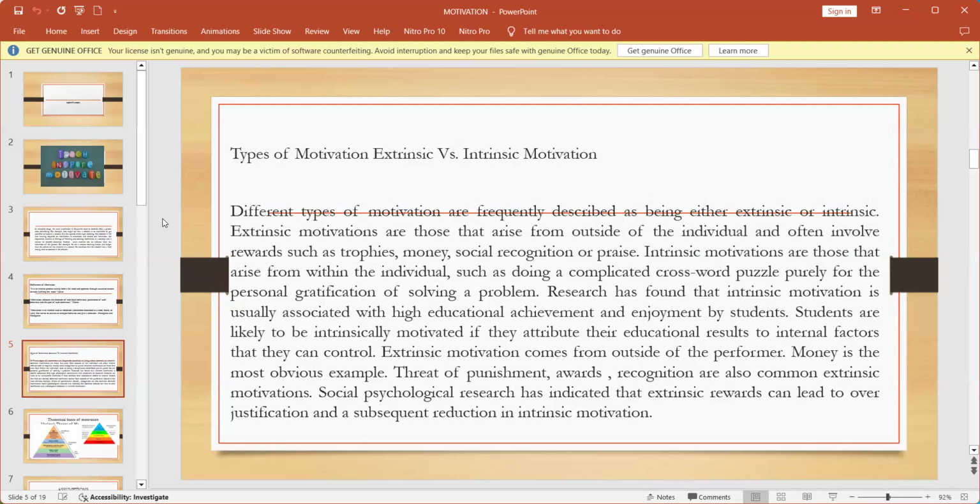It is dangerous. So you have to motivate your students, and they should be extrinsically motivated first. Because of that, they say it's a double-edged sword. You have to handle it with care.